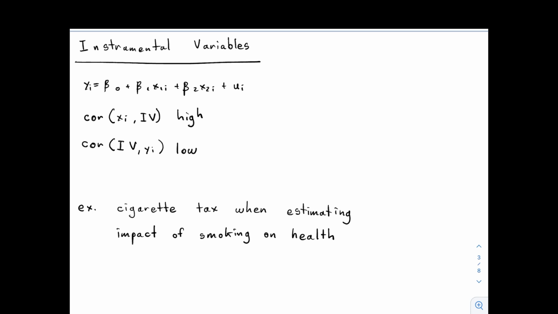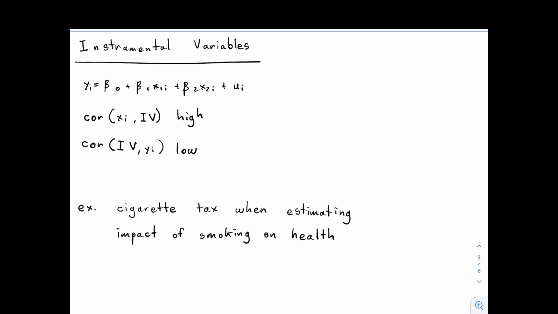Well, cigarette taxes, as we said earlier, should not be correlated directly with health outcomes. But if there are, then that could be evidence of increased smoking having adverse health outcomes, because by having more cigarette taxes, if people are still paying them, that means that people are smoking.